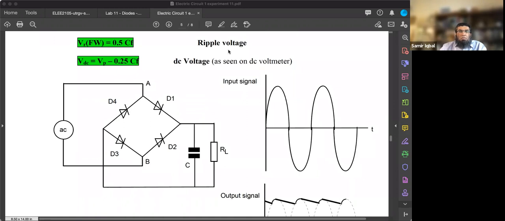Let me use two colors again to show what happens on the positive side and what happens on the negative side. On the positive side, let me pick red color. On the positive side, the current will go through this.